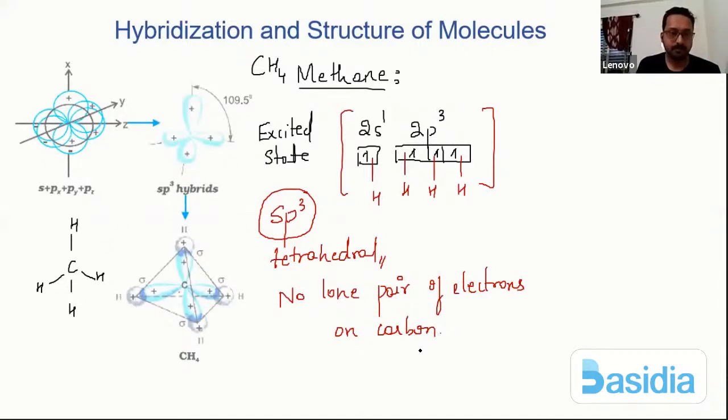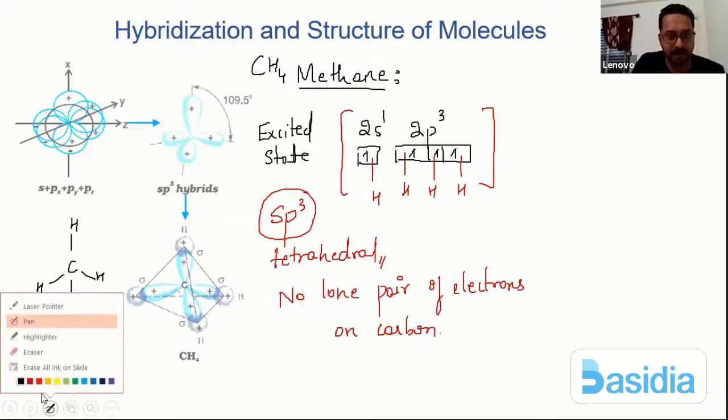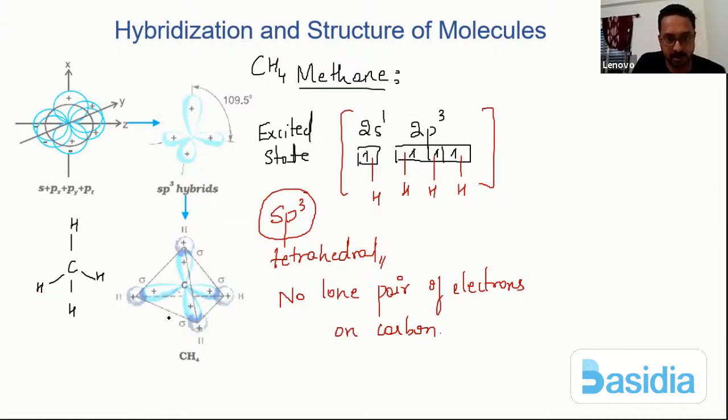So if we have a normal tetrahedral structure, like for example the methane structure, the bond angle with respect to methane is 109.5 degrees. So please make a note. Normal tetrahedral structure, it is 109.5 degrees.